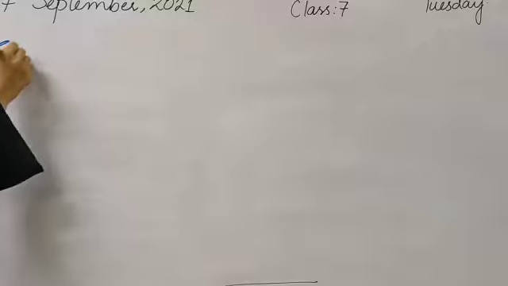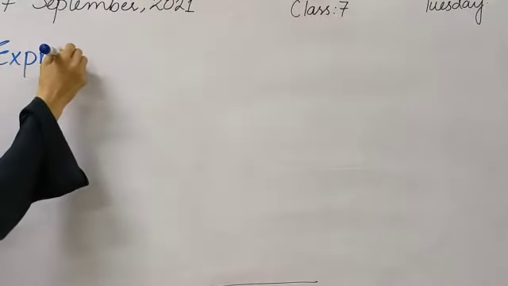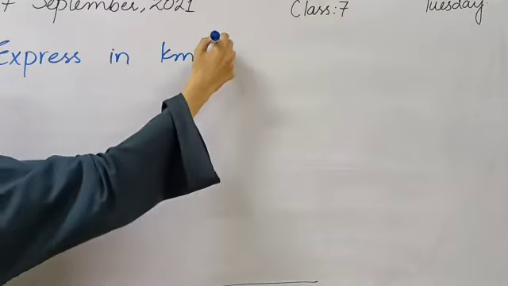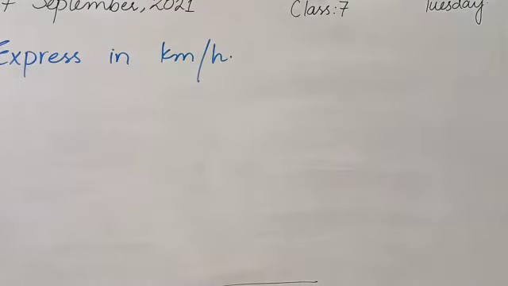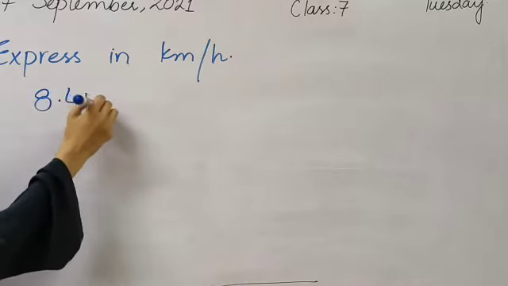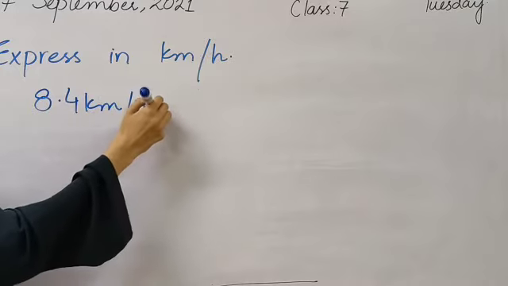Let's see some examples. Express each of the following in kilometer per hour. Express in kilometer per hour. Okay? H is for hour. See the first example, which is 8.4 kilometers per minute.